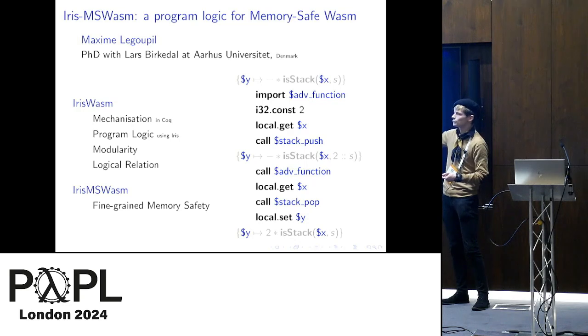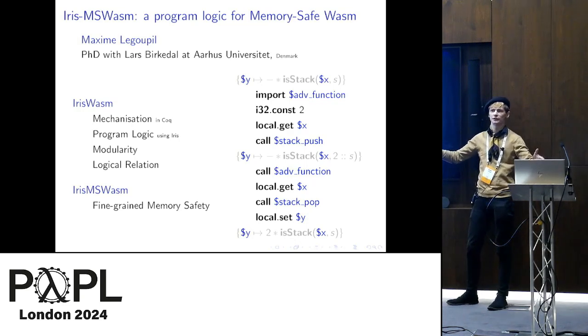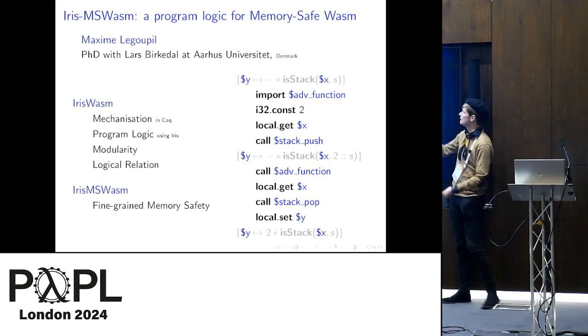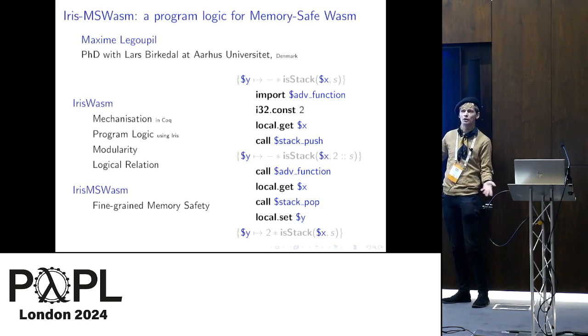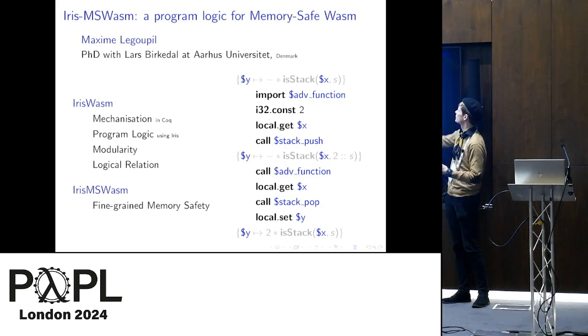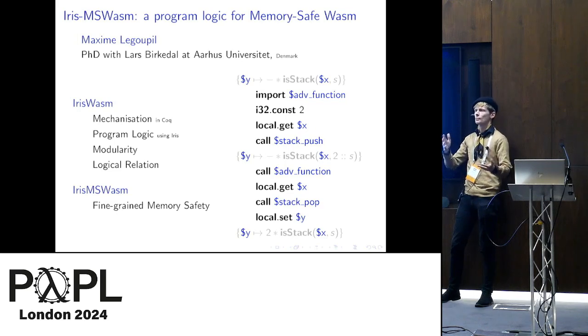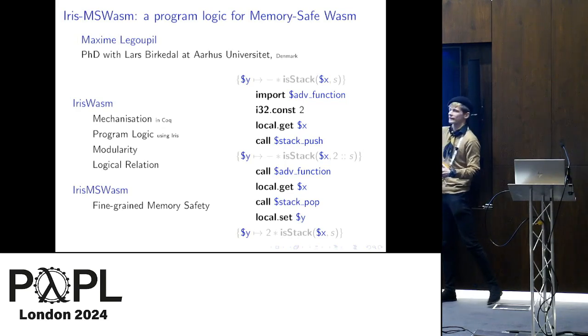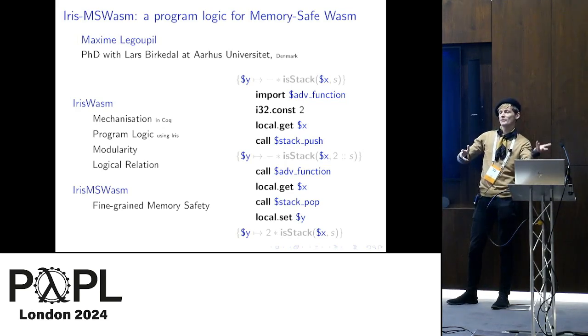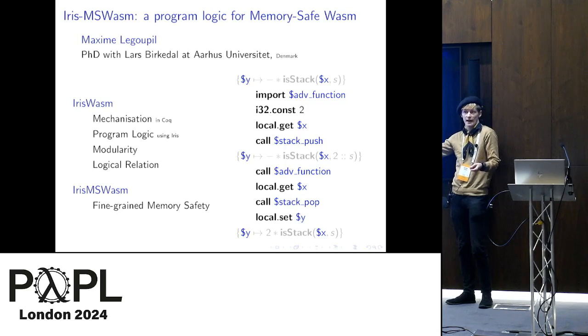And because we're using Iris, which is a higher order logic framework, they have a huge freedom to write their proofs in the way they want. They can do things like completely hide the implementation of the stack behind predicates like this is-stack predicate over there. Instead of my resources being, well, the stack is in memory at that place, I can just say, well, there exists a predicate is-stack that relates WebAssembly values with mathematical stacks.